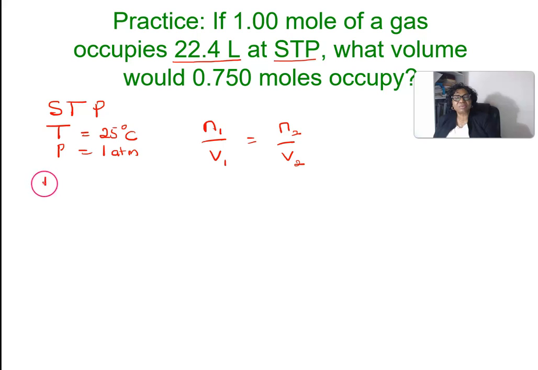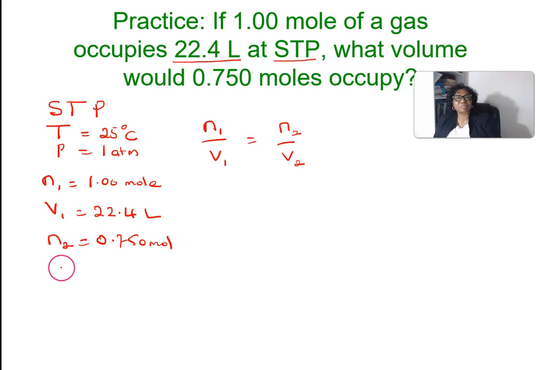Our N1 is 1 mole. Our V1 equals 22.4 liters. Our N2 equals 0.750 moles. Our V2, we don't know. So let's try and solve.